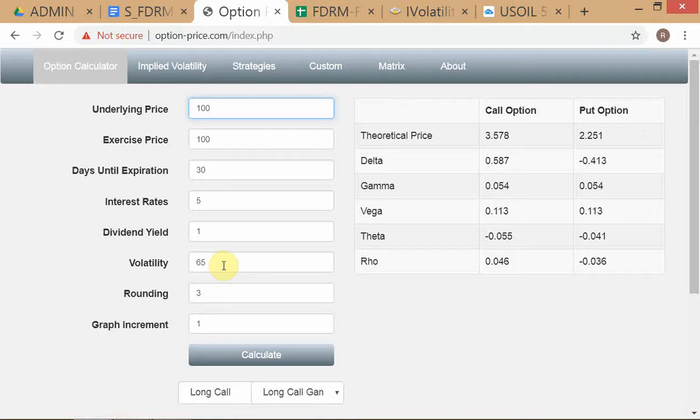I've still not calculated this. 3.578 is the model output for a vol input of 25. If I change the vol input, the range is obviously much bigger now. Instead of 75 to 125, we are talking about a range of 165 to 35.